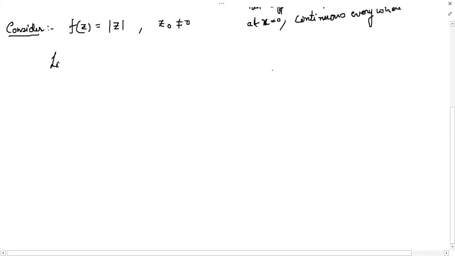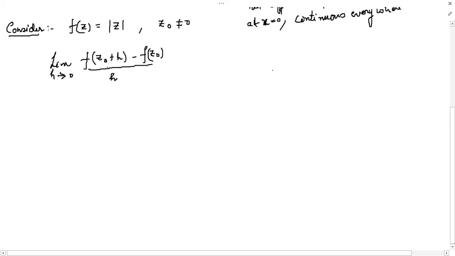In order to know the differentiability, we need to see whether this limit exists or not. And by existence, I mean it should exist independent of path.